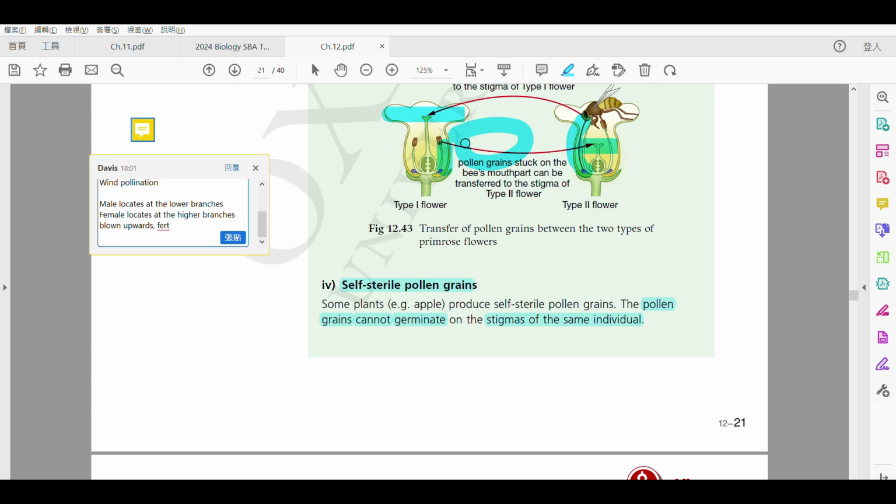Alright, so therefore it will fertilize other trees, or other individuals, at the female parts, which are located on the upper half, upper part or upper branches of the trees. Alright, so try to just understand this, okay.